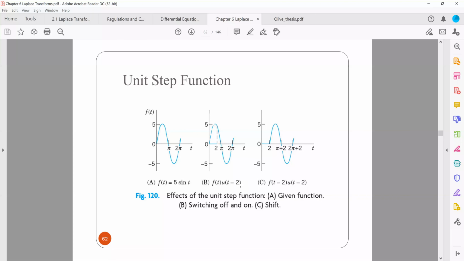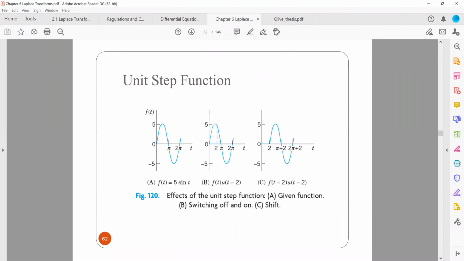So every time you hear me saying you delay it, I'm referring to the fact that this is u(t - 2). So the output is actually going to be this part starting from 2 up to pi.